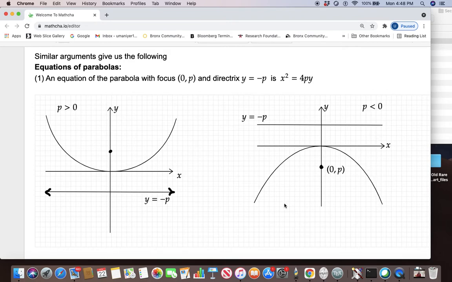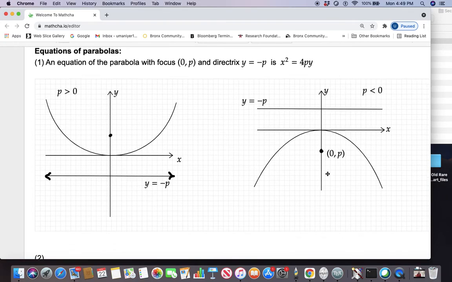Now here is a parabola which opens down. So this happens when p is less than 0. So wherever the focus is, your parabola opens in that direction. In both cases, x squared equals 4py is the equation of the parabola. This is when your focus is on the y-axis, either above or below.